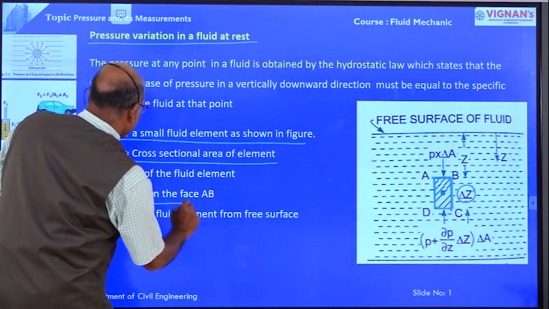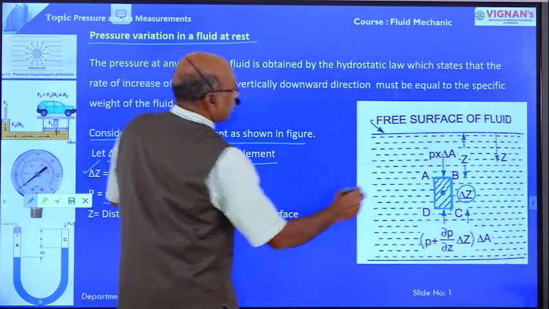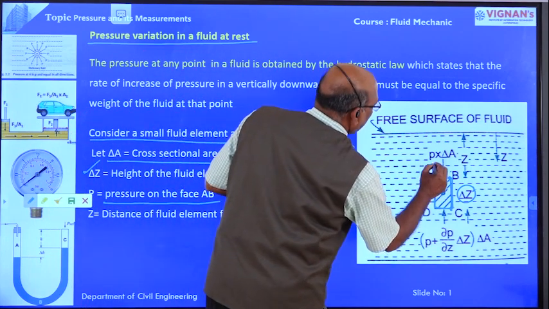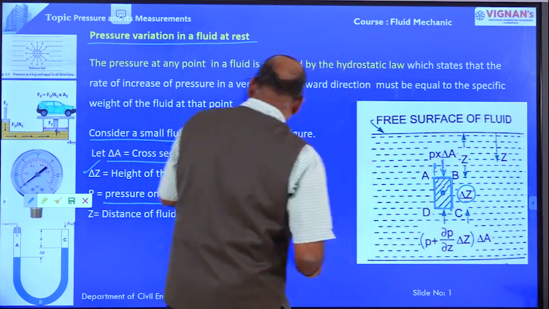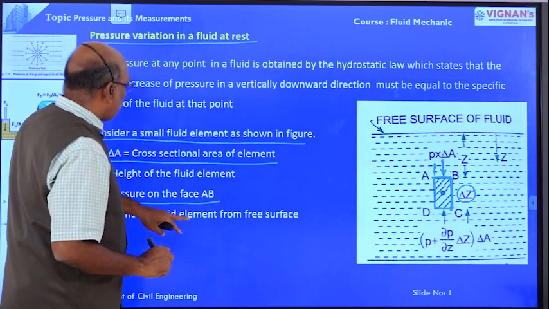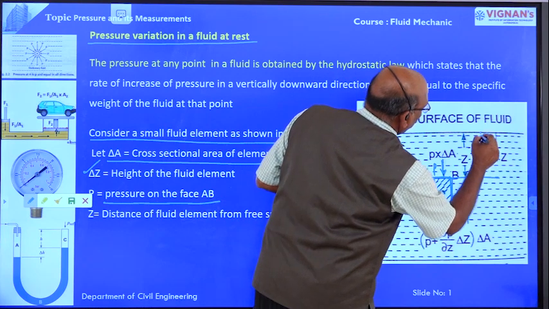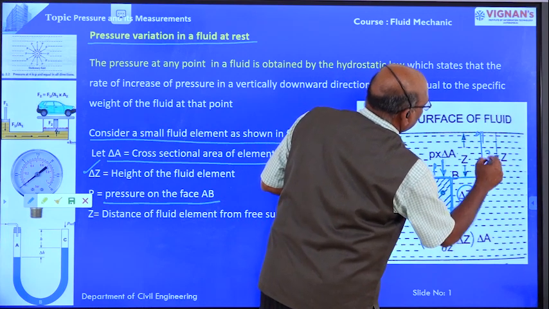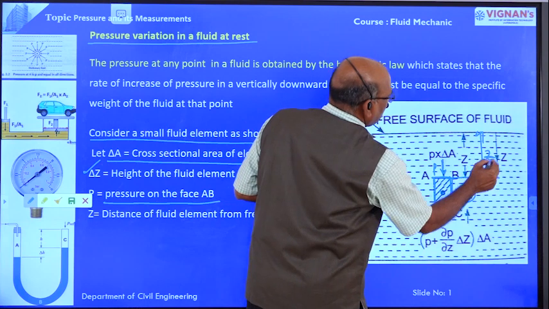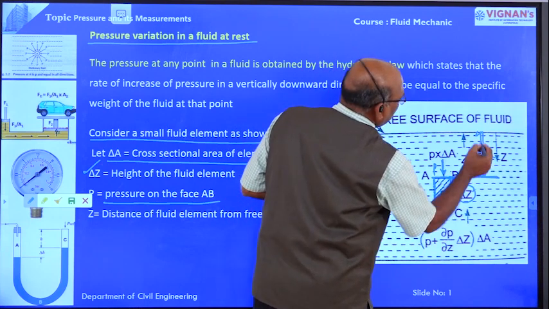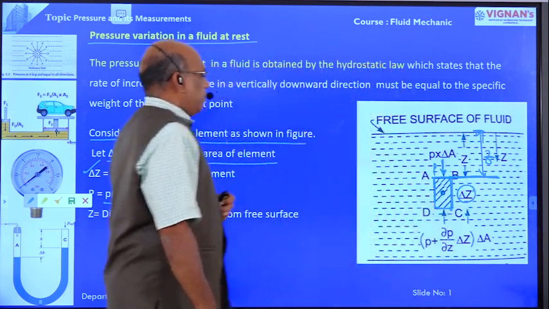And P is the pressure on face AB. The pressure on face AB is P. And Z is the distance of the fluid element from the free surface. This is the element, this is the free surface, and this distance is nothing but Z. Z is the distance between the top of the fluid element and the free surface of the liquid.